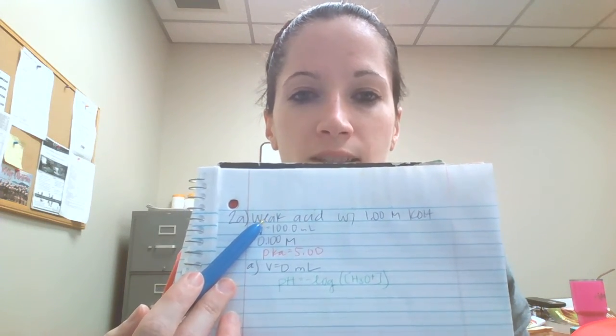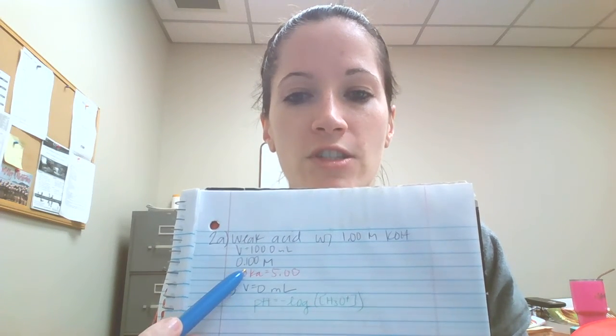Because all the hydronium is coming from your weak acid and it's a 1-to-1 ratio because it's monoprotic, the concentration of hydronium is equal to the concentration of your acid, meaning the pH is equal to the negative log of 0.100, which gives you a pH equal to 1. So there's our answer for A: pH is equal to 1.